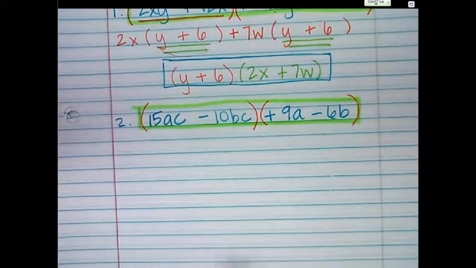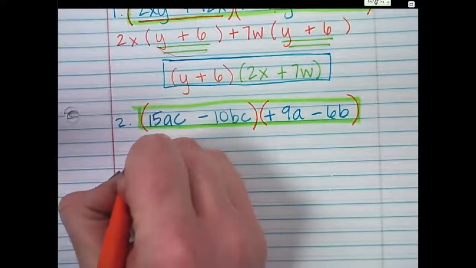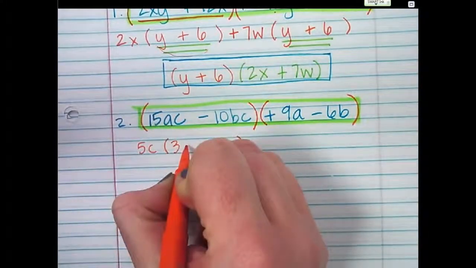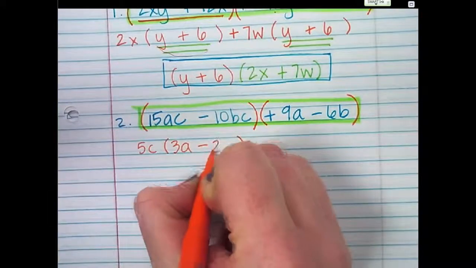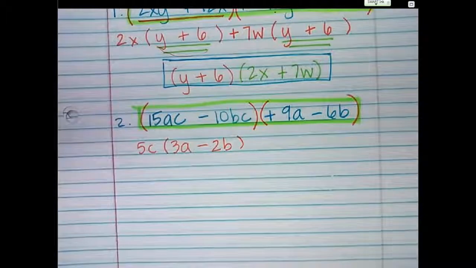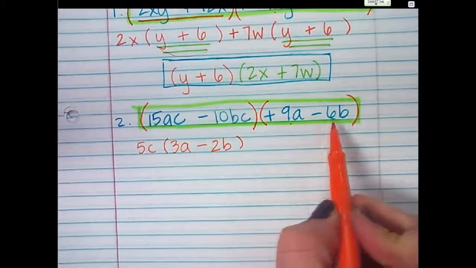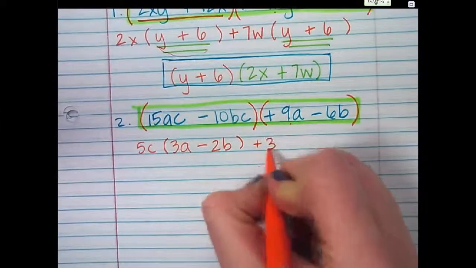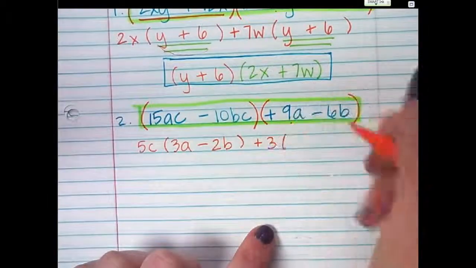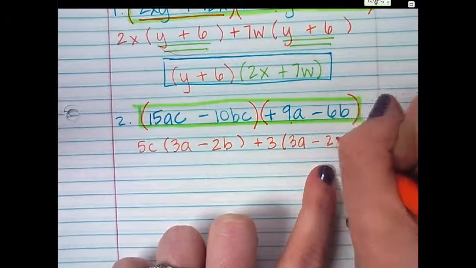And then look at what you can take out. So what's common in the first set? Perfect. 5c. And then left over we have 3a minus 2b. What's common in the second set? Just a 3, so I'm taking out a positive 3. And what's left? 3a minus 2b.